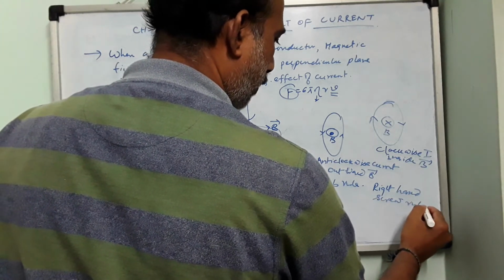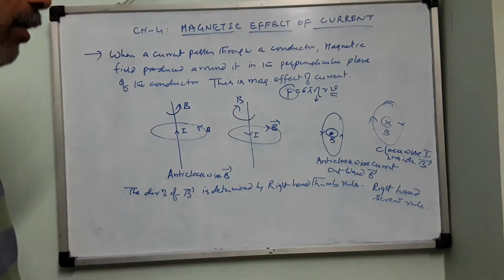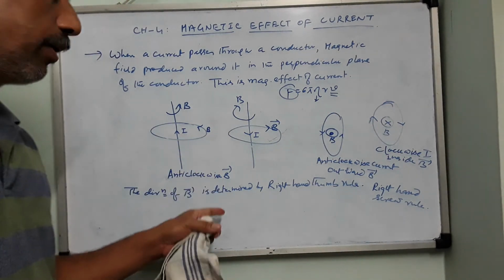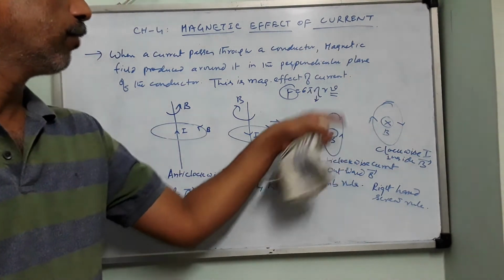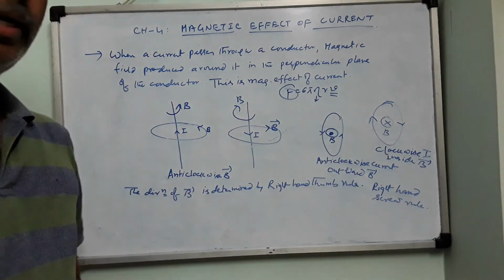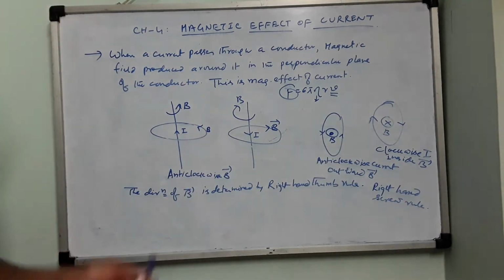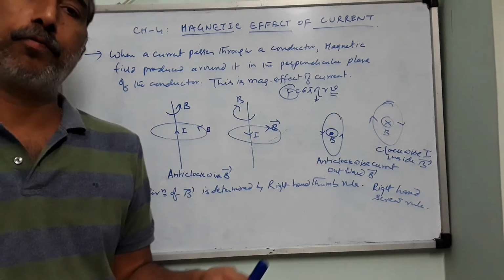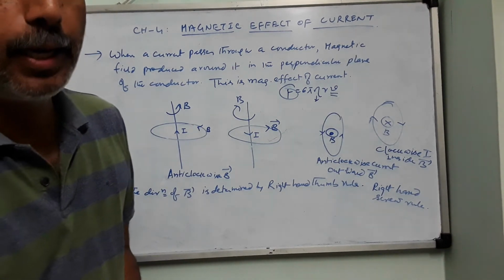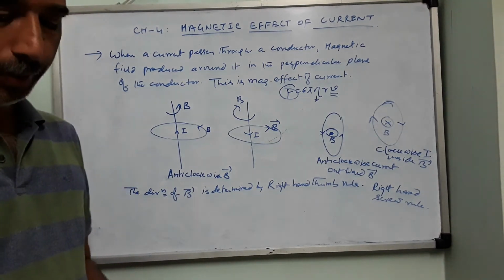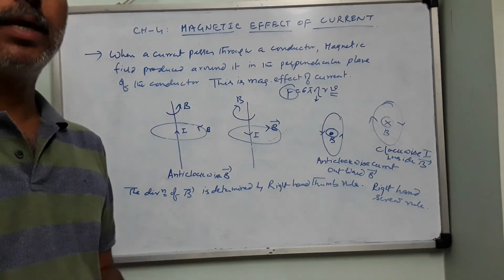Both of them are one and the same only: right hand thumb rule and right hand screw rule. For a straight conductor, you can use the right hand thumb rule. For curved conductors, you can use the right hand screw rule. So this is how to determine the direction of the magnetic field when a current I passes in a conductor. Fine. Next is how to make the calculations.